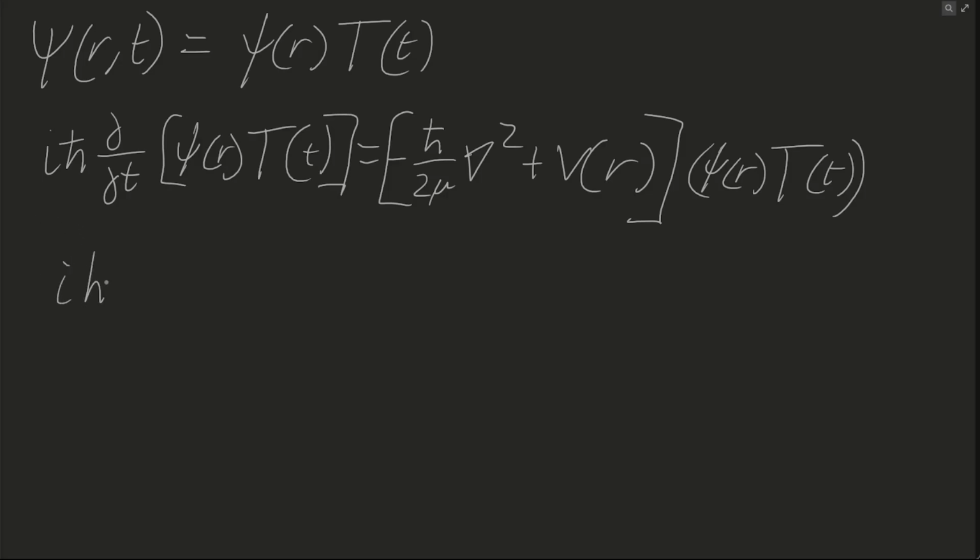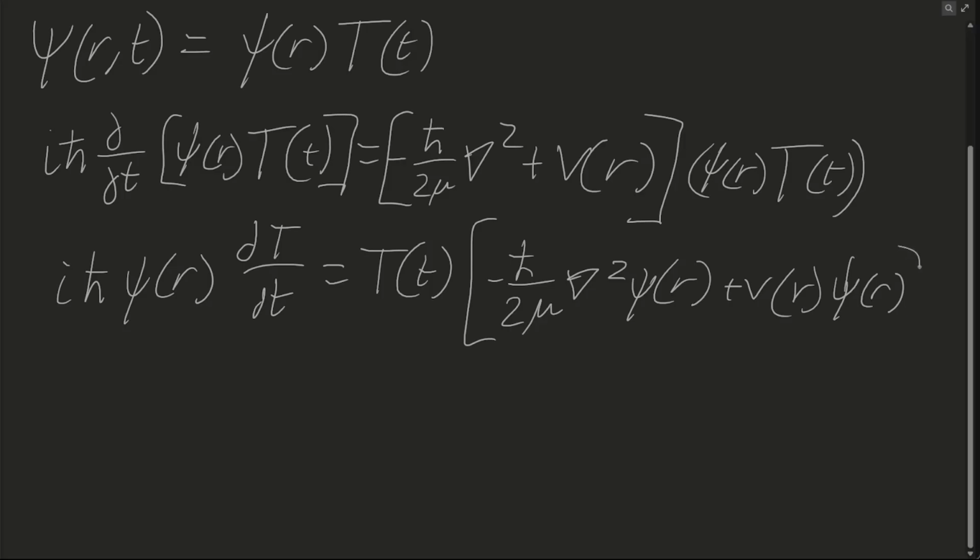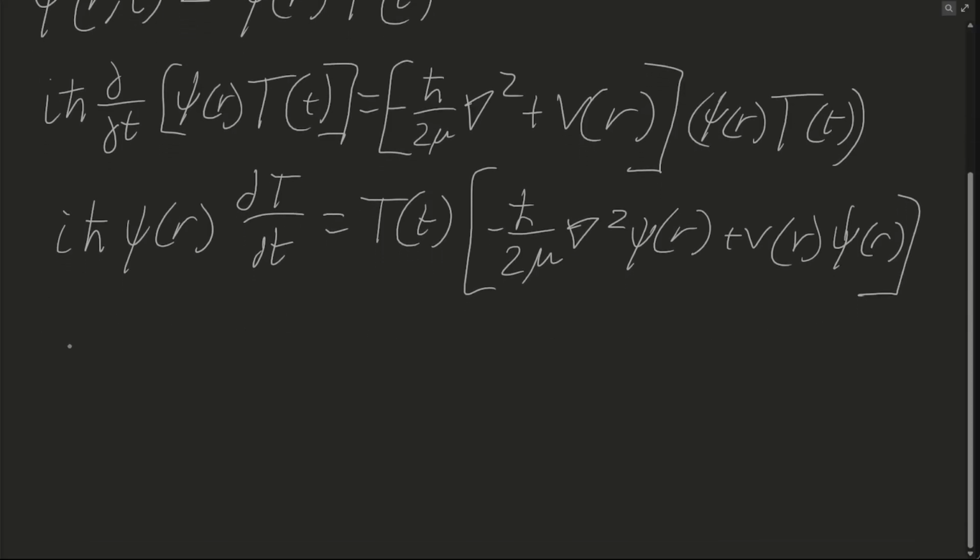So we can say that i h bar times the spatial component times dT/dt is equal to T of t times this big old thing, minus h bar squared over 2 mu Laplacian on the spatial component, plus V of r times psi of r, in square brackets.